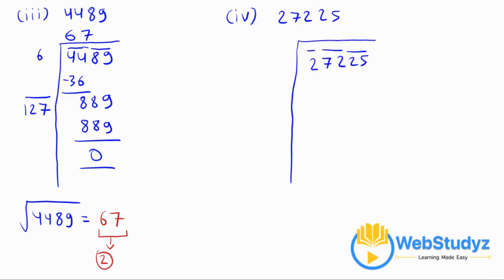Now applying the division method, we have 1 squared, 1, which is subtracted from 2. So this will be 172. Now doubling 1 we get 2, and taking 6 and multiplying by 6 we get 156.